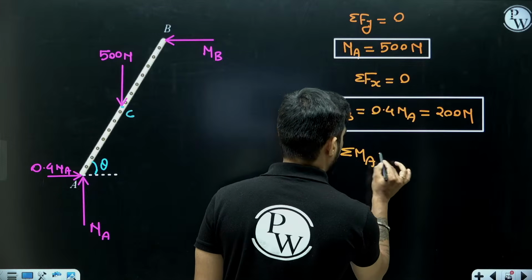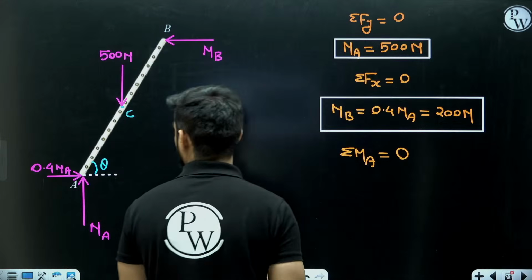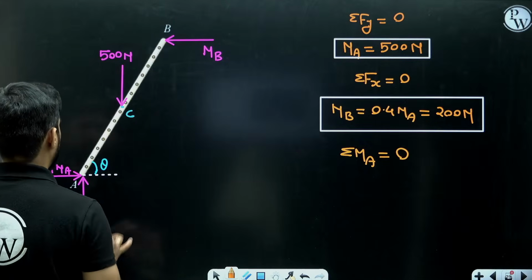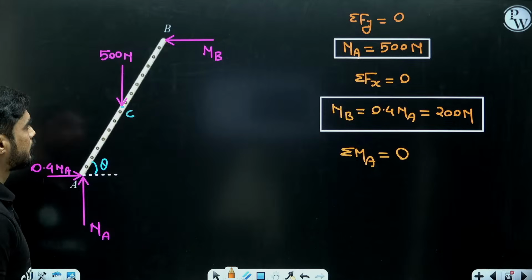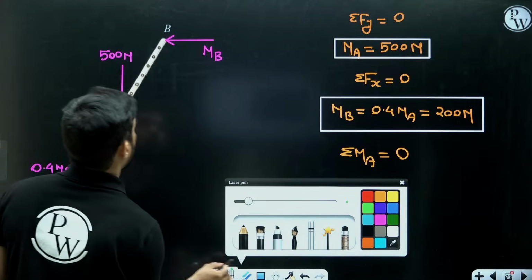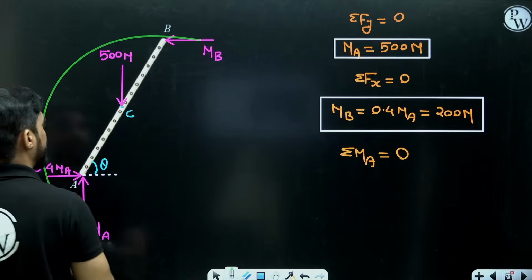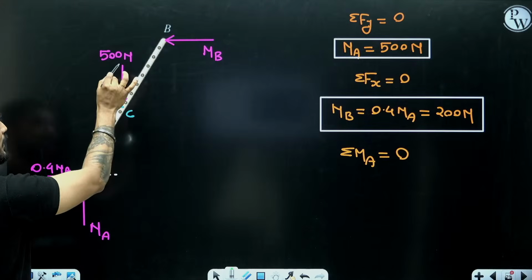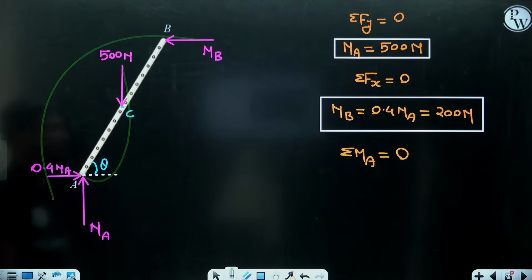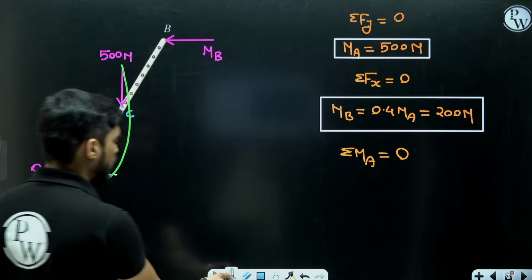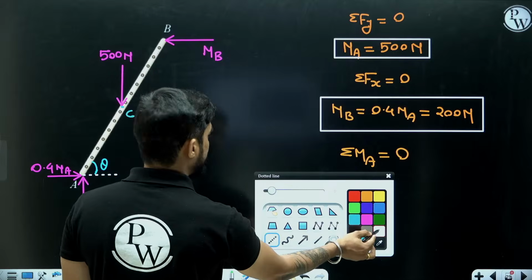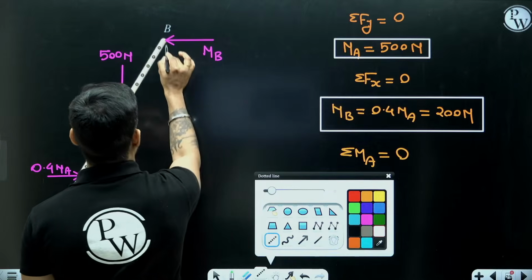If I take moment at A, moment of 0.4 Na and Na both are gone. I will get the moment of this NB, which is anti-clockwise, and I will get the moment of this 500 Newton, which is clockwise. So what will be the moment of NB? What is this distance?